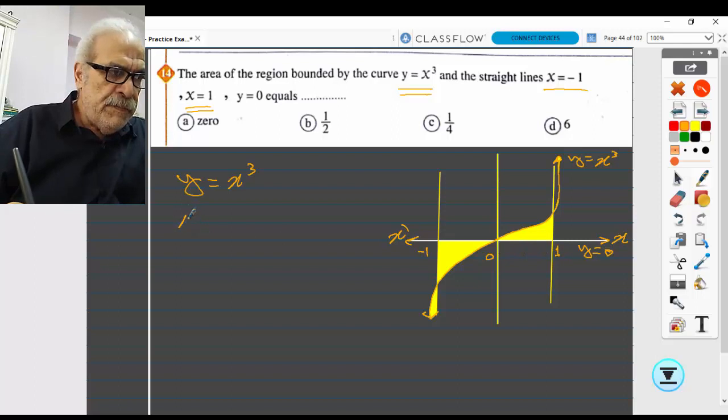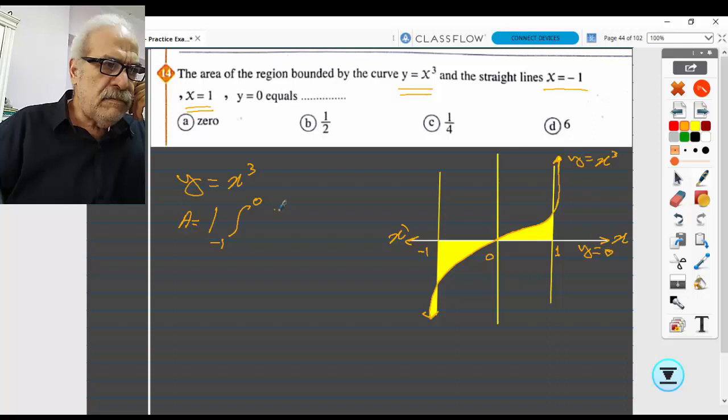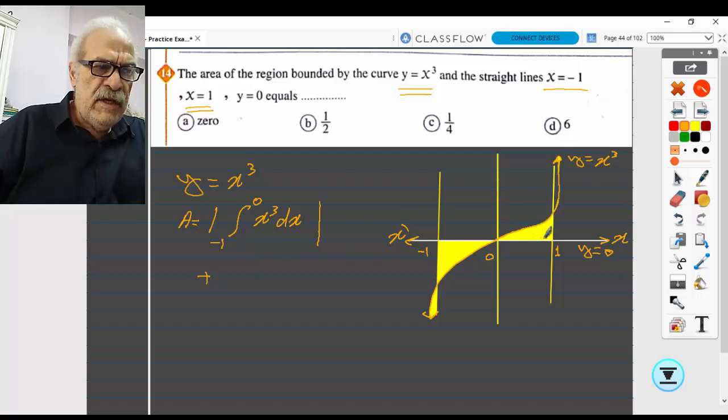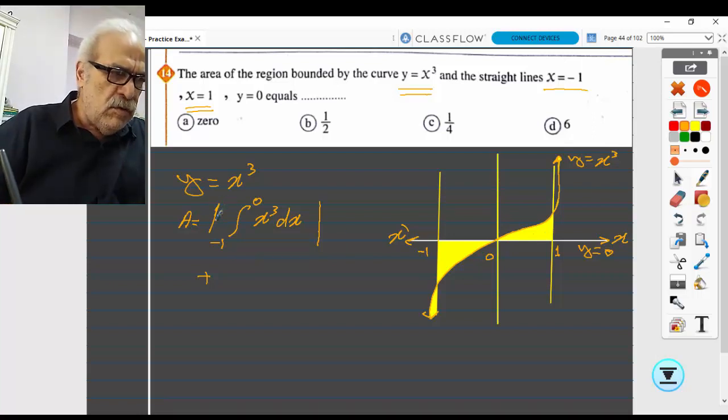So the area equals the absolute value of the integration from -1 to 0 of x power 3 dx, absolute, okay, plus this part of the area will be positive, so no need to write absolute. Okay, so it will be the integration from 0 to 1 of x power 3 dx.